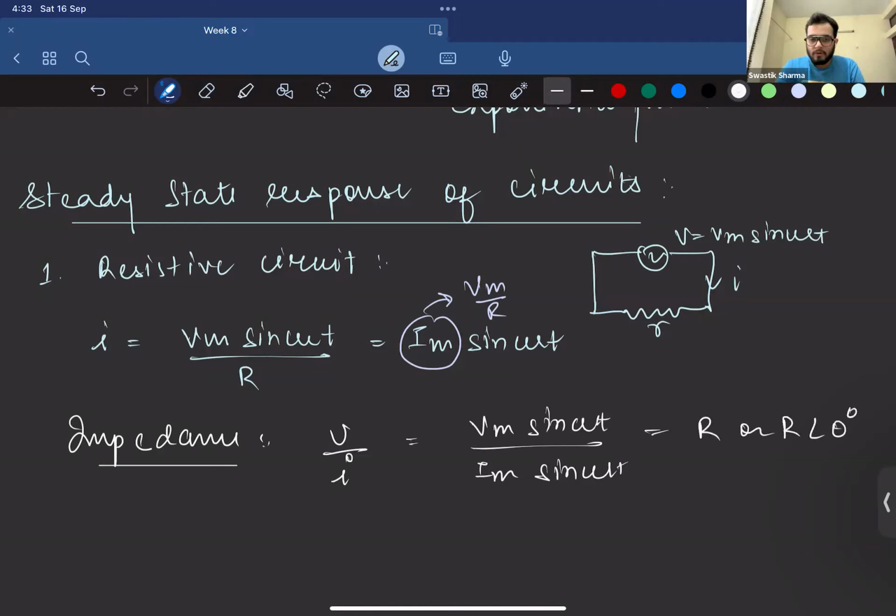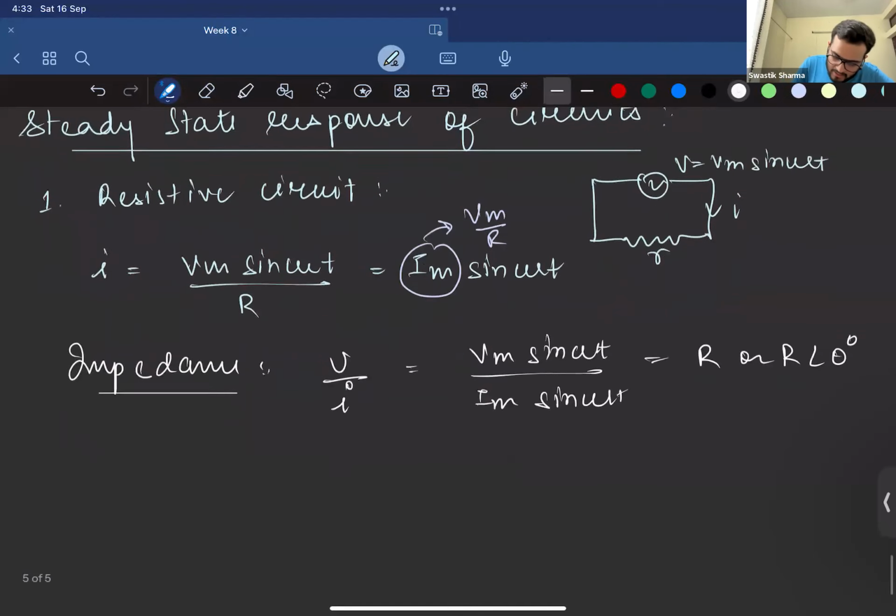So this is an important concept because an impedance would show us both. It would give us the exact ratio between the phasor voltage and phasor current, and also it will tell us about the phase angle which is produced between the voltage and the current.